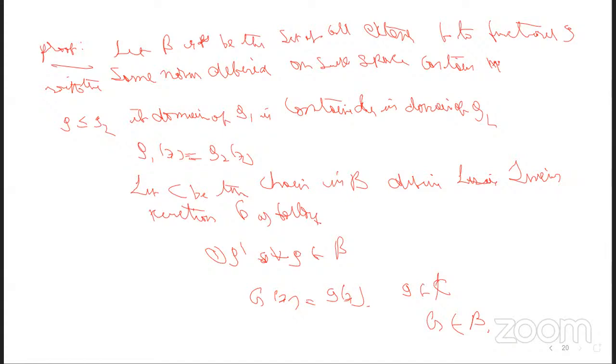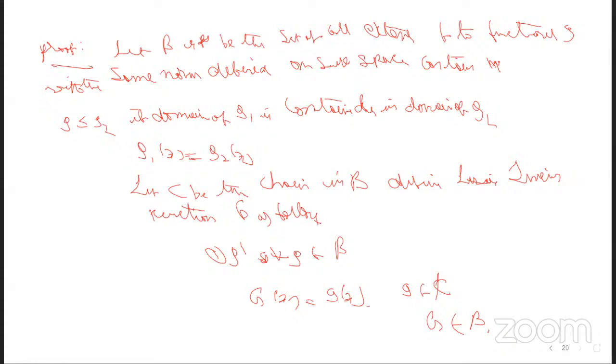This proves that the domain of f naught is N. So let M naught be the domain of f naught. We claim that M naught equals N. Suppose M naught is not equal to N. Then there exists x naught in N such that x naught does not belong to M naught. So M dash, that is x naught plus M naught, is a linear subspace of N which contains M naught and x naught.